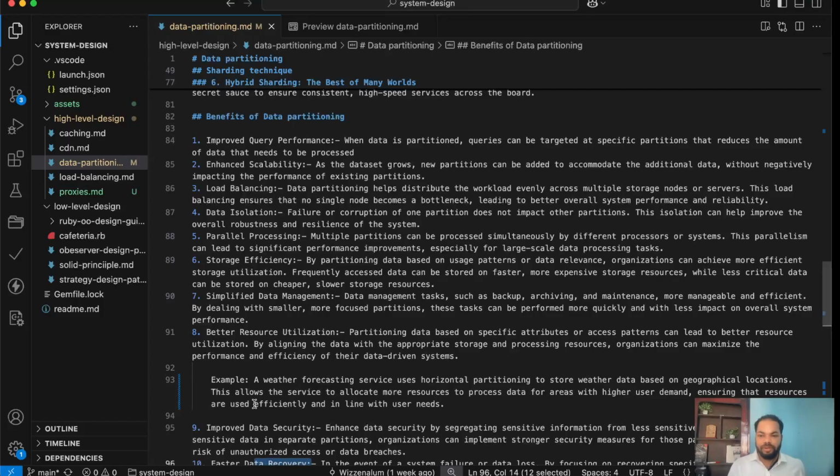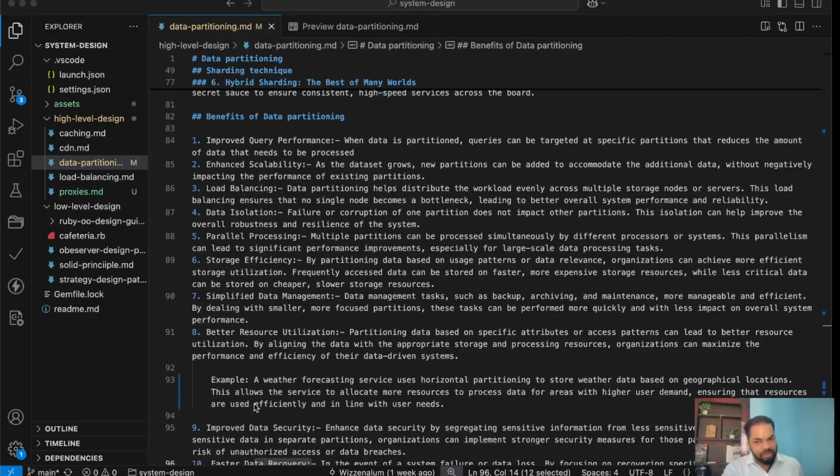The remaining one is simplified data management. Yes, that is important. It improves data management. How? There is definitely one person who is looking at all the data, and if something goes wrong, they will be the person responsible for that loss of data. To manage that, maybe they do some kind of backup, or maybe they rehash the whole system.